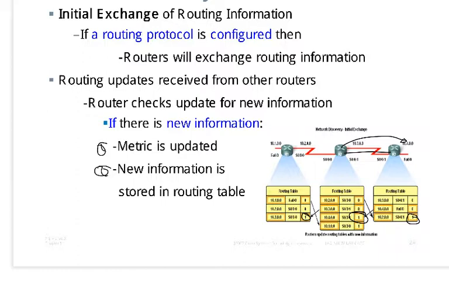Okay? So based on that, we have performed one message update from each router to all the other routers. The question is, is this enough to reach the state of convergence or not? Why?